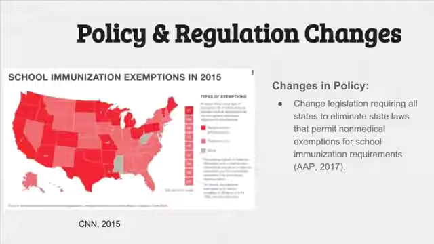We propose that legislation be changed requiring all states to eliminate state laws that permit non-medical exemptions for school immunization requirements. As healthcare providers, it will be important that we participate in local councils and organizations to bring forth immunization concerns to the state legislation. Changes to legislation at the state level are necessary in order to address the barriers discussed in the previous slides.